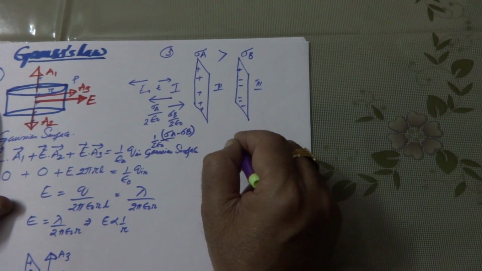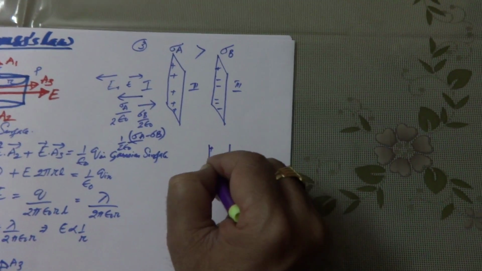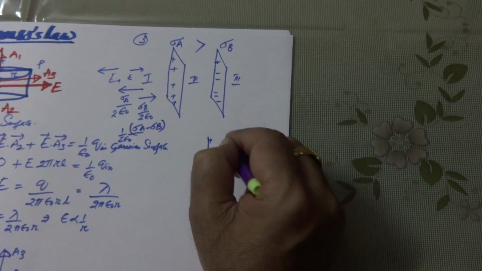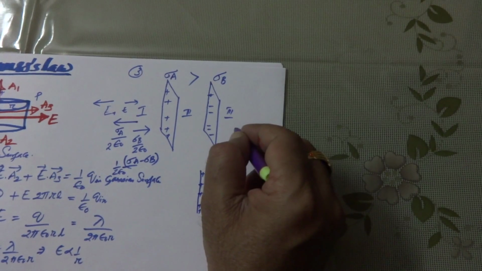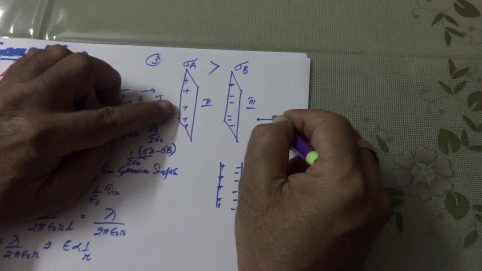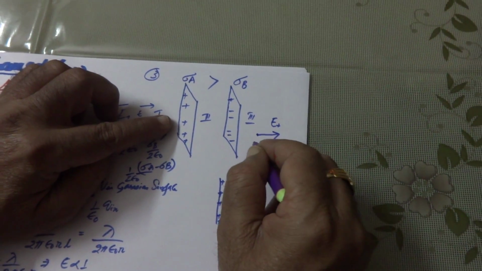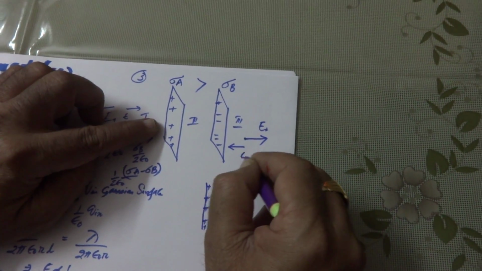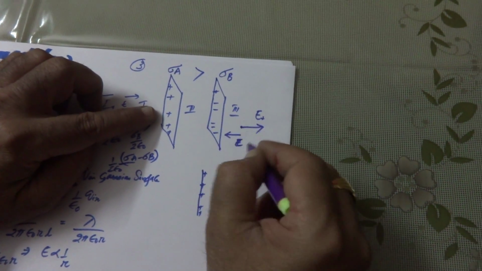In the parallel plate capacitor, the electric field is always restricted to inside only. Outside, because of the positive charge it will be repelled, so E due to positive, and because of the negative it will be attracted, and remember that is independent of the distance.